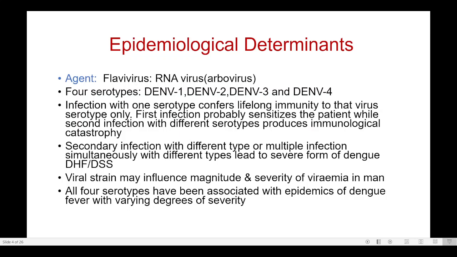But if affected with dengue 3 and then followed by secondary infection with dengue 2, this risk of hypersensitivity is 150 times.